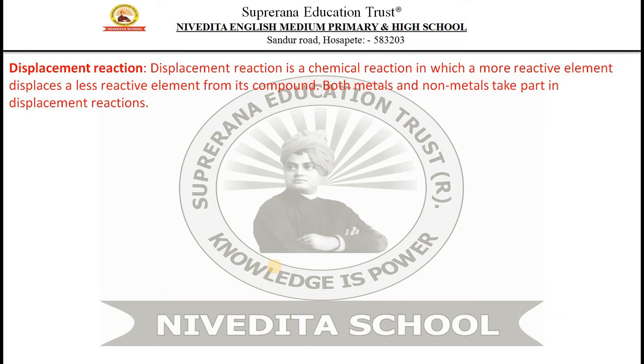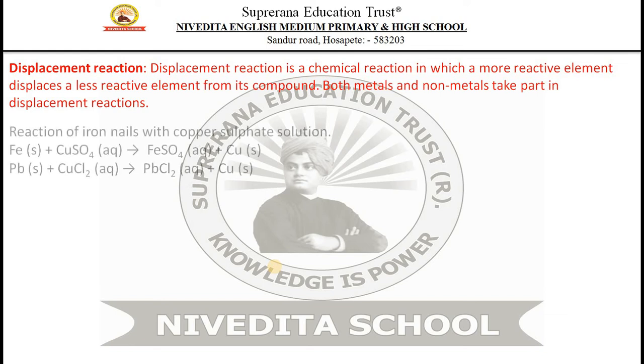So let us see what this is. A displacement reaction is a chemical reaction in which a more reactive element displaces a less reactive element from its compound. Both metals and non-metals take part in displacement reactions.